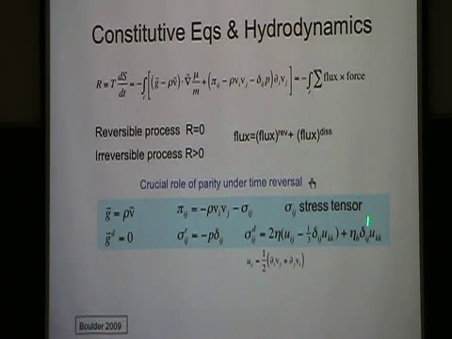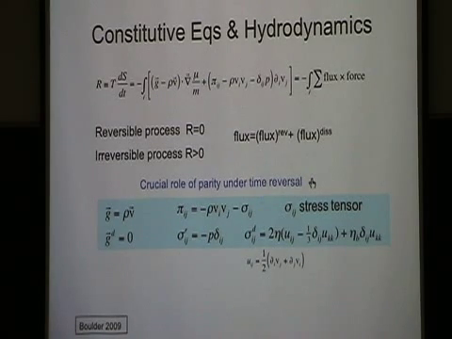So what I'm trying to tell you here is that you can do all these constructions just based on symmetry property, time reversal property of the system and conservation law, and identify exactly the so-called reversible part of the fluxes, and write down phenomenologically, using the symmetry property, the most general form for the dissipative part of the fluxes.